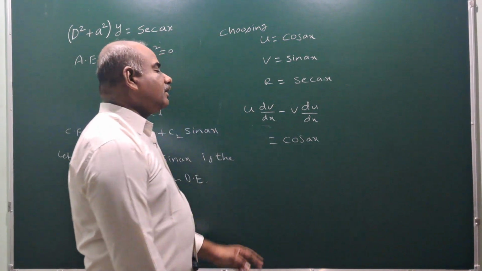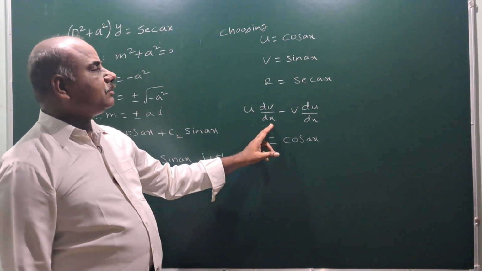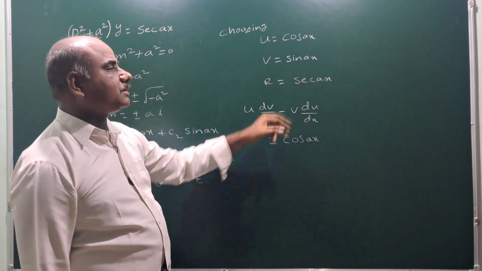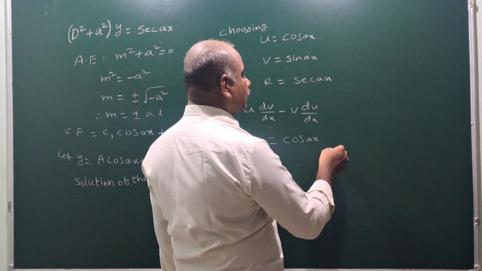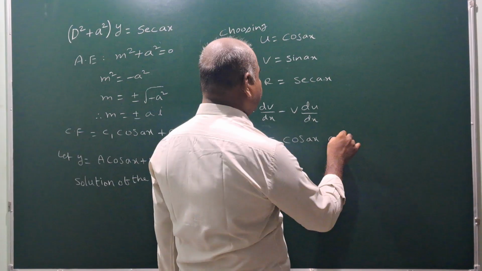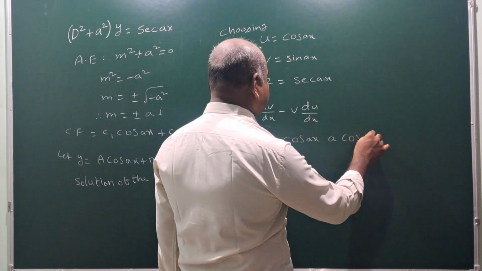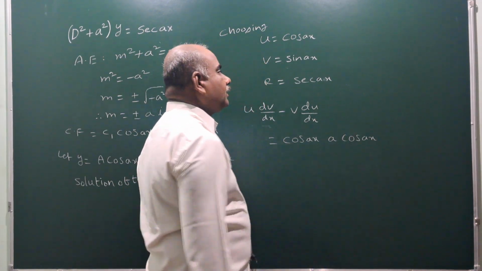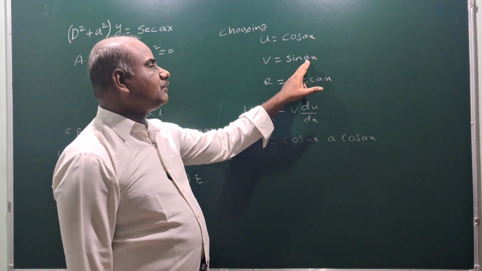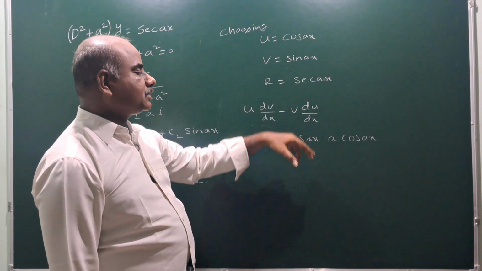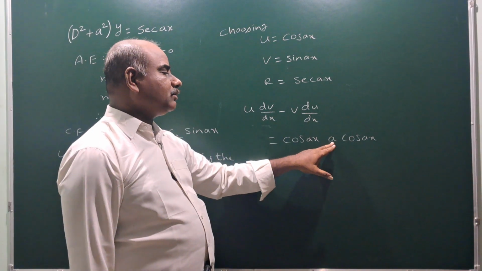Cos ax into dv/dx means we have to differentiate sin ax with respect to x. The derivative of sin ax is nothing but a cos ax. Derivative of sin gives cos, and since x has a coefficient, in differentiation the coefficient is multiplied.